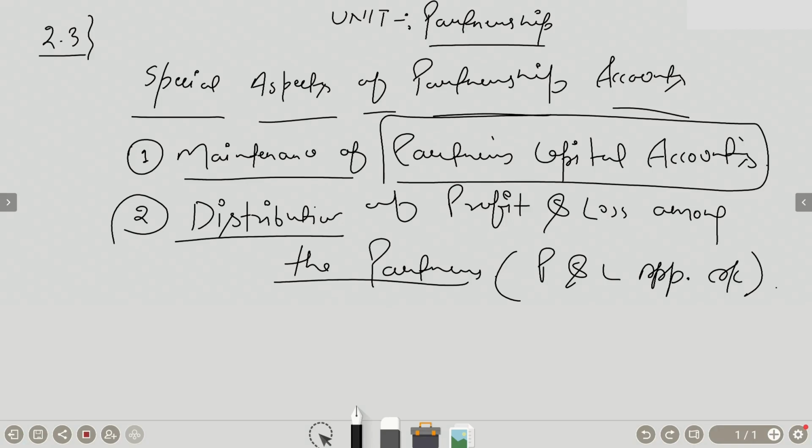For that, you have to maintain a separate account, which is an extension of the profit and loss account in partnership, and this account is known as the profit and loss appropriation account. Appropriation means out of the profit. Understood? Okay.